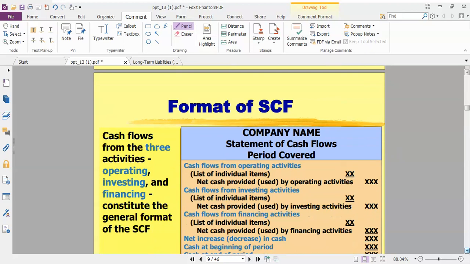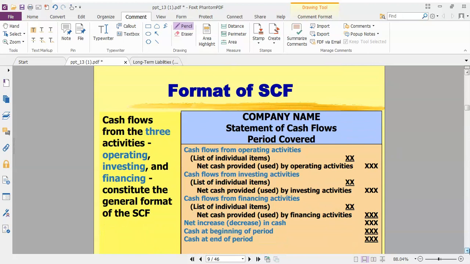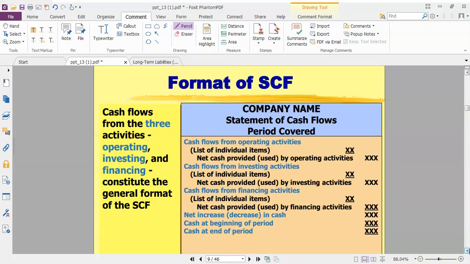So this is the format of the statement of cash flows. Cash flow from the three activities, that is operating activities, investing activities, and financing, constitute the general format of the statement of cash flows.